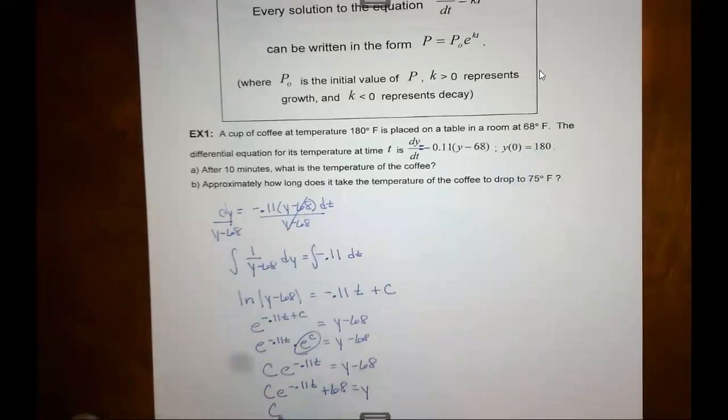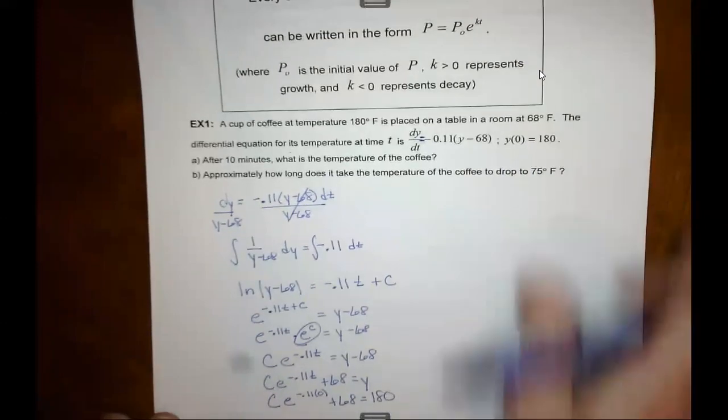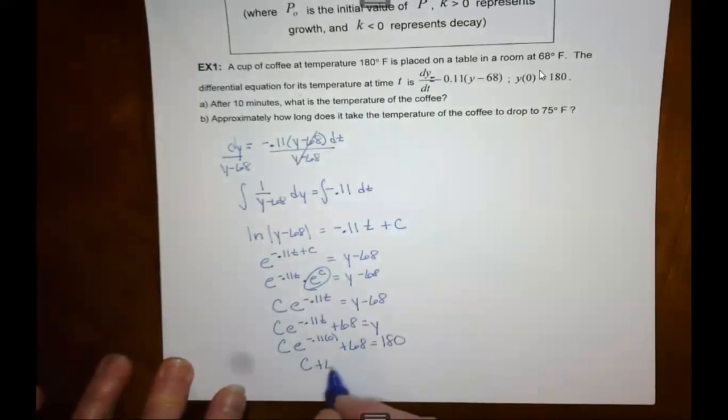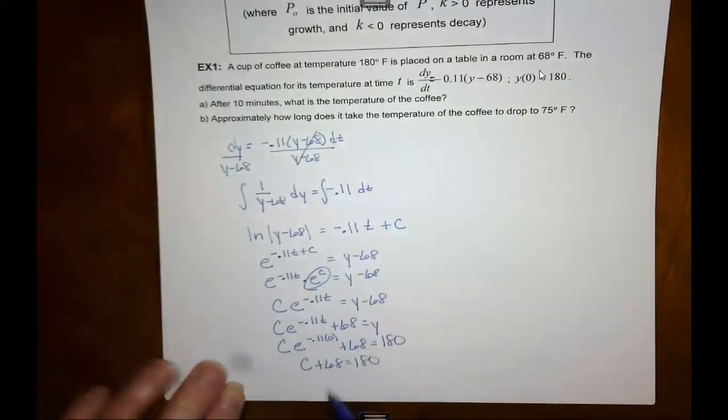So c e to the negative 0.11 times 0 power plus 68 equals 180. Well, e to the 0 power here is just 1, so we just have c plus 68 equals 180. So if I subtract 68, c equals 112.